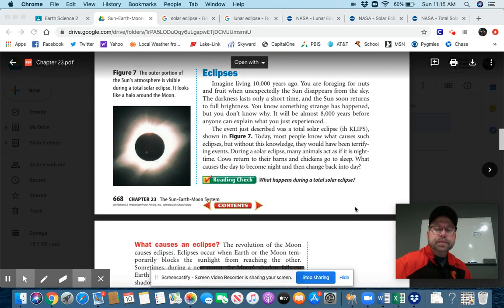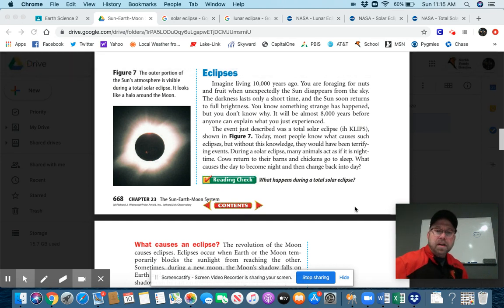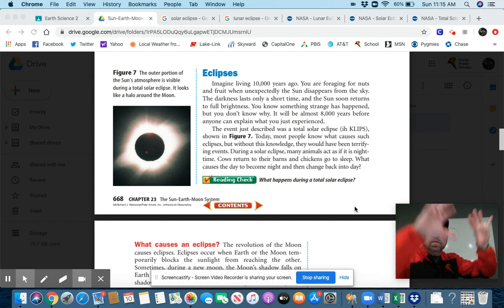All right. So this starts off this section talking about kind of imagining 10,000 years ago. You're wandering around, the sun's shining, you're picking up berries or minding your herd or whatever it might be, and you look up and the sun starts to dim, and all of the sudden all of the sun is completely blocked out except for this ring of fire around the outside of it.